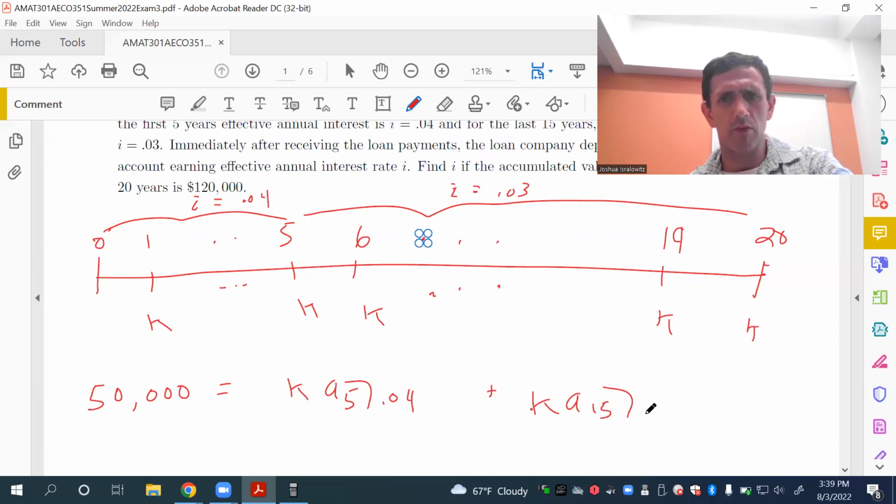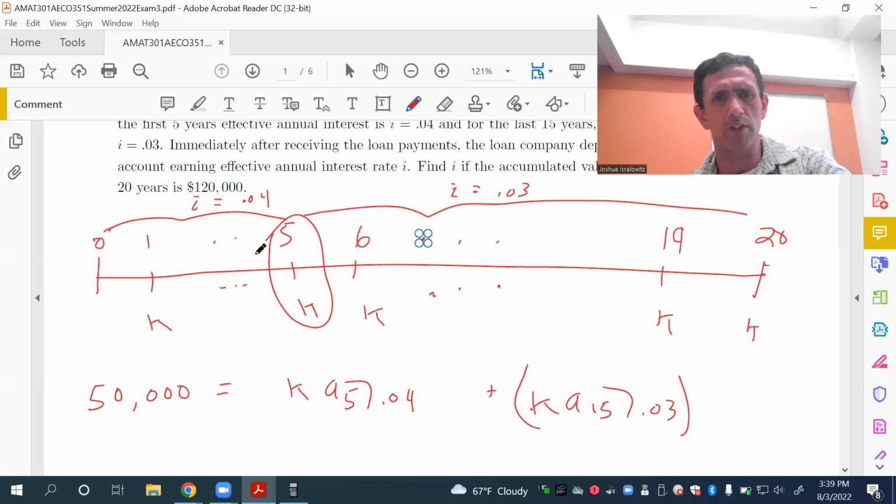a angle 15 at 3%. But as always, that gives me the present value at t equals 5. So we have to discount it by 5 years at 4%: 1.04 to the minus 5.